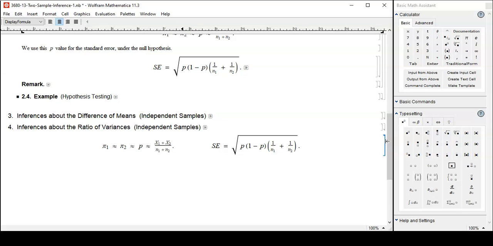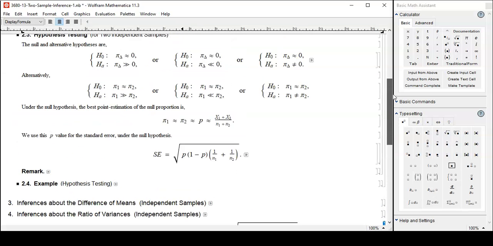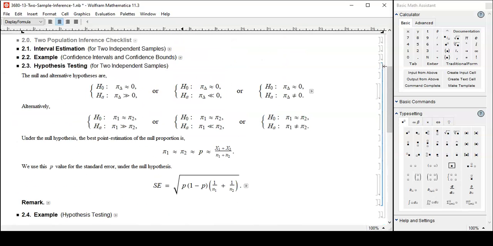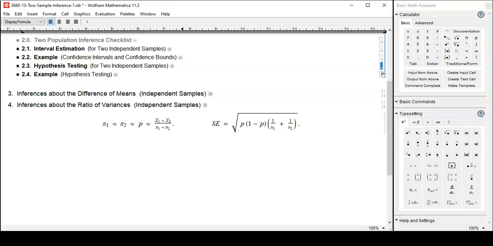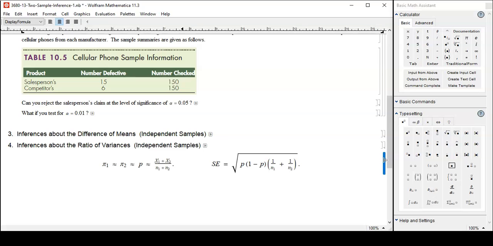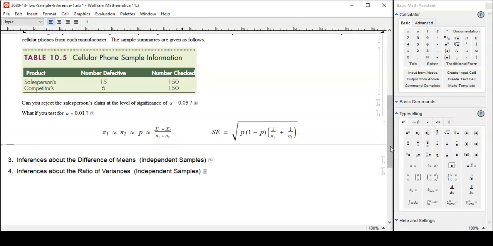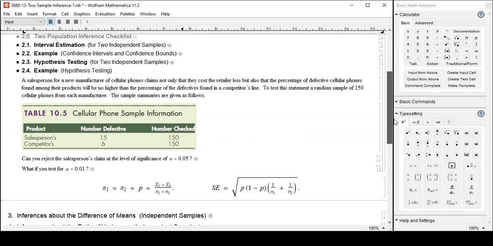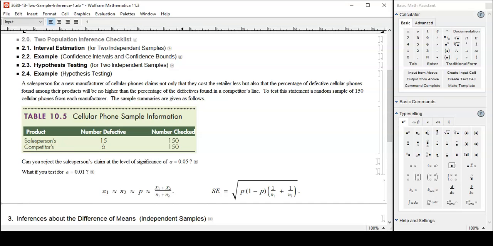Okay, like this. And then let's go to an example problem. All right, here we go. Please stop the playback and read through.